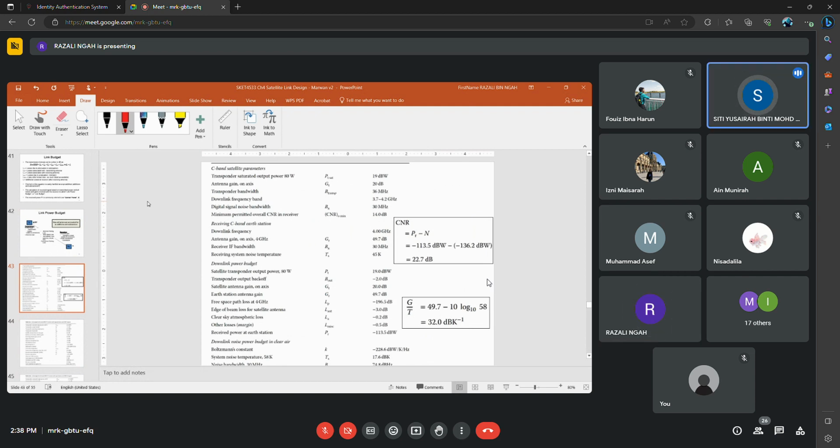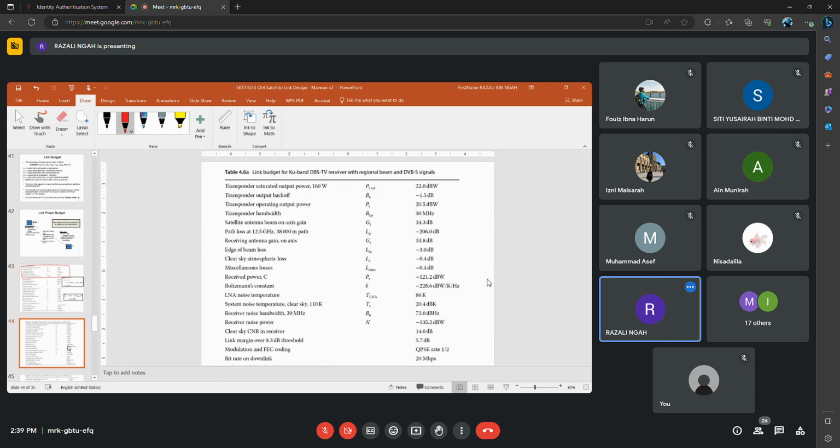So let's say we refer to this, the parameters for C-band satellite parameter. Receiving also.